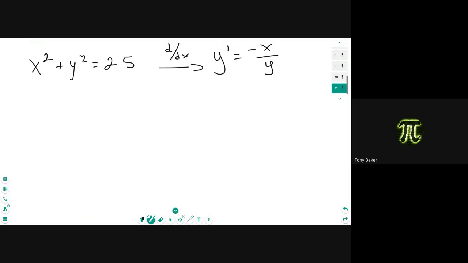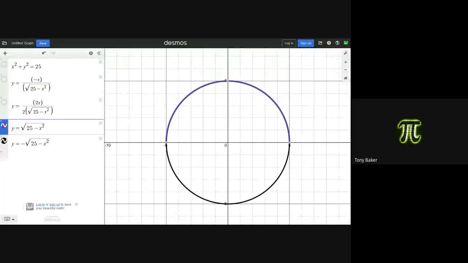So let's find a point on here that works. Negative 4, 3 is on this circle, right? That's right there.